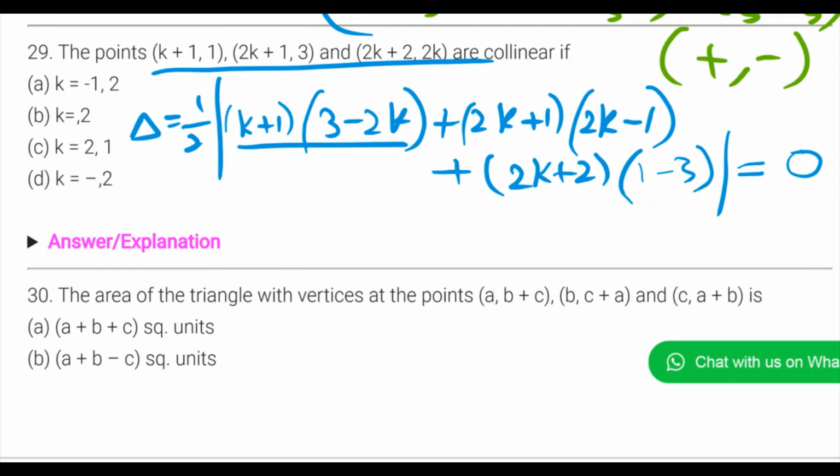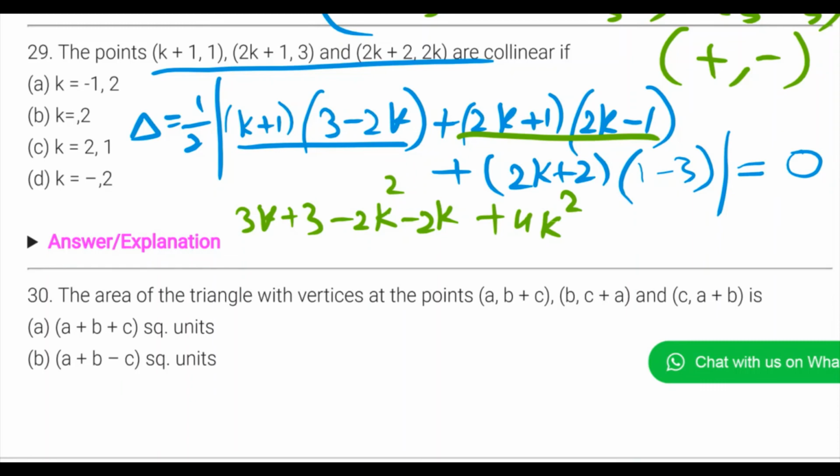This is (k + 1) into 3 is 3k + 3 minus 2k squared minus 2k, plus this is of the form (a + b)(a - b), which becomes a squared minus b squared. So that is a squared is 4k squared minus b squared is 1. This is minus 2 into (2k + 2), minus 4k minus 4 equals 0.